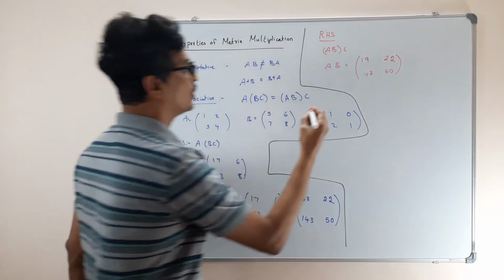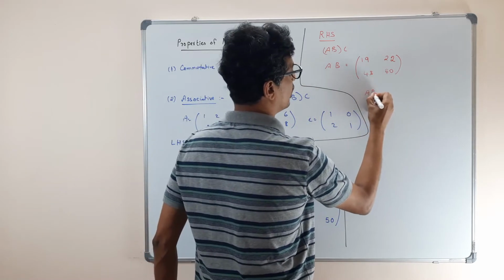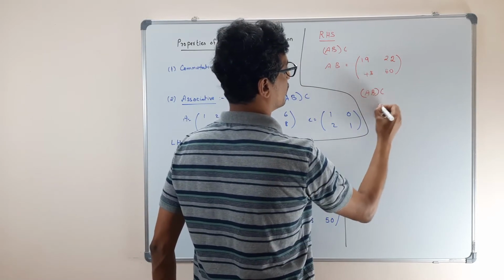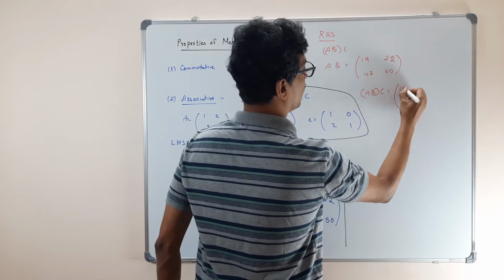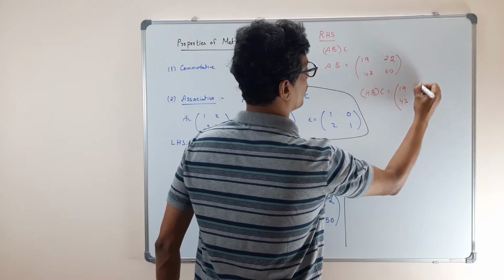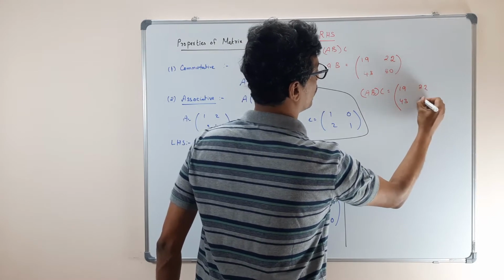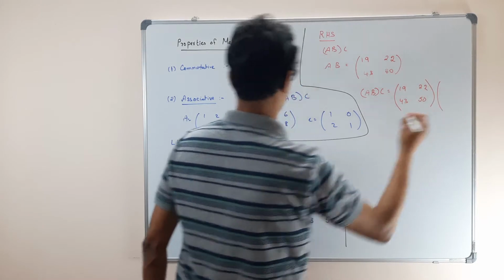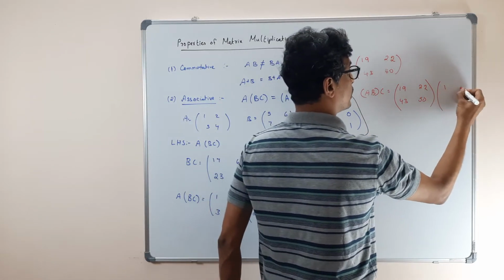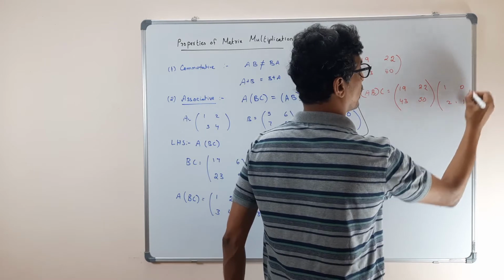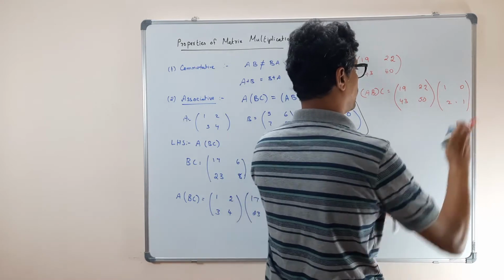So now what will be AB into C? That will be how much? So AB we already wrote: 19, 43, 22, 50. And what about C? C is 1, 0, 2, 1. Tell me what this will be.